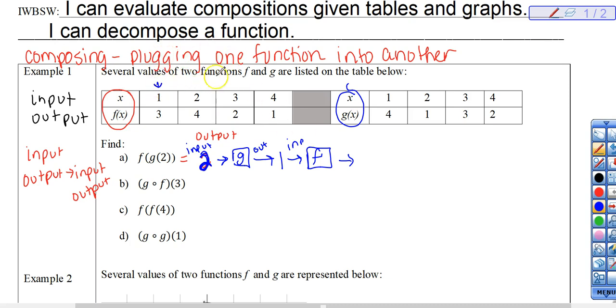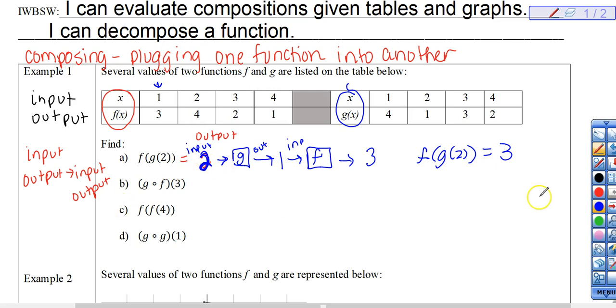What's my output? 3. All right, so here's what we know. The f of g of 2 is 3. So that's one way to look at it. It's an input-output idea, and that's what compositions are. You're plugging something in, you're getting something out.